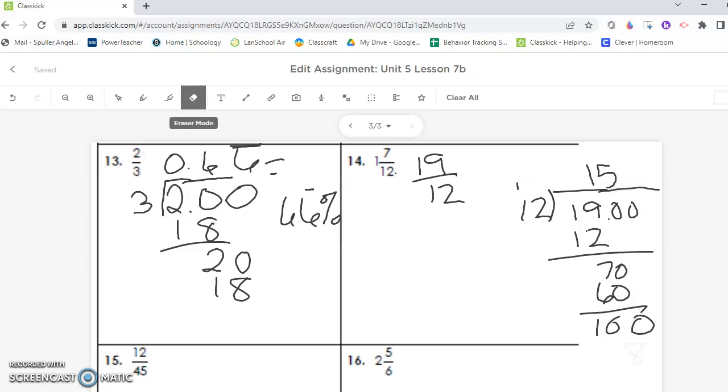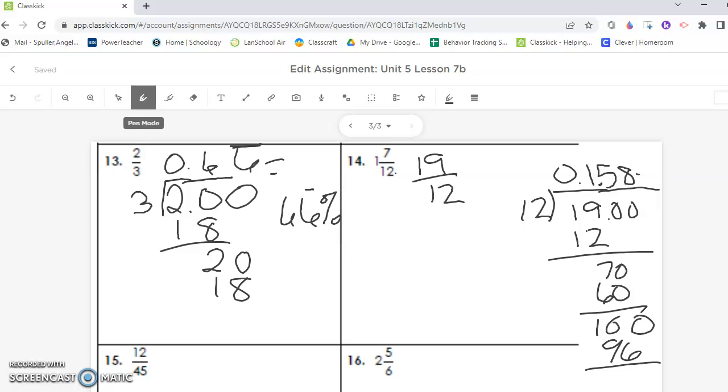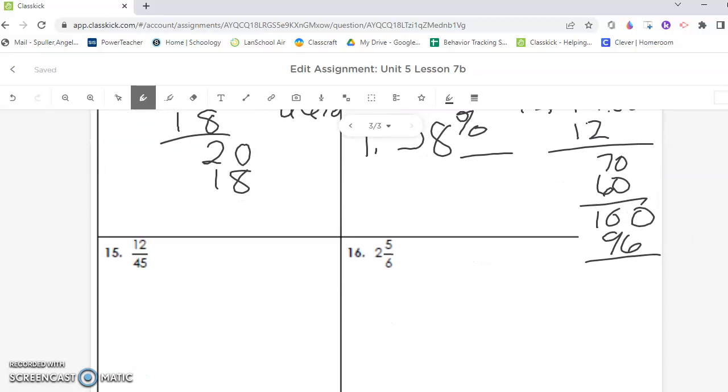Let's try 8. 8 would be 96. Okay, so 0 point, oops, sorry, 1 point. I didn't move my decimal right. So it'd be 158%.